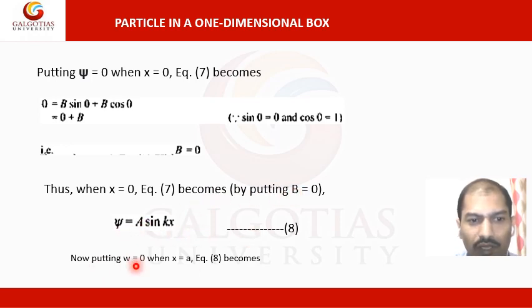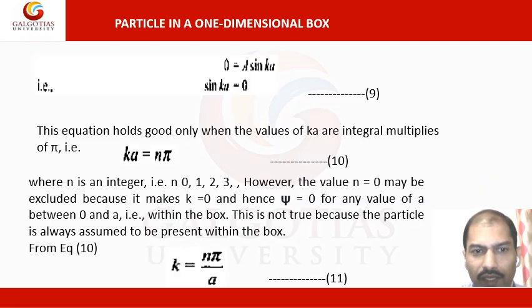Now putting the value of psi as 0 when x equal to a in equation 8, this takes another shape: 0 equal to a sin ka, or sin ka equal to 0. This equation holds good only when the values of ka are integer multiples of pi.